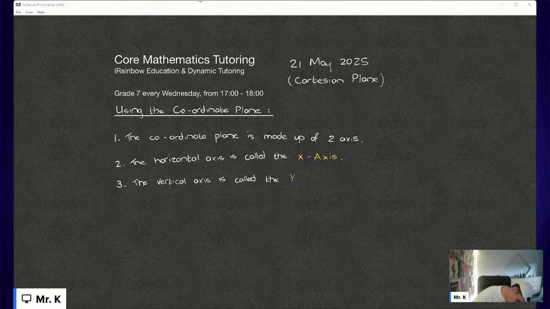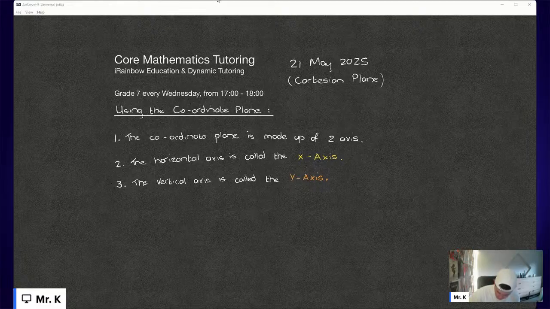Okay, we're going to go and look at this now in a second. I'll give you guys an opportunity to just watch me break down the coordinate plane into a few small details.